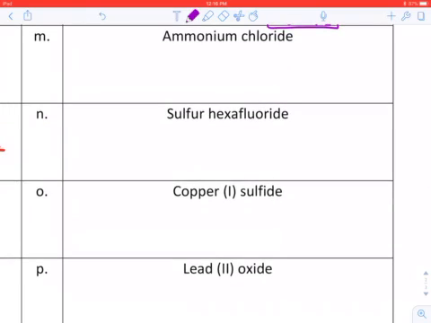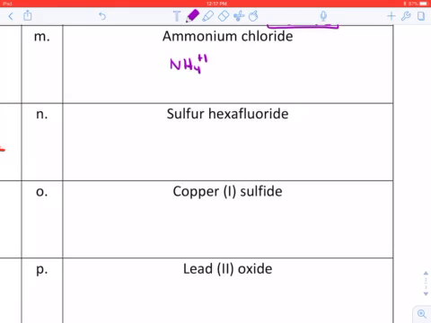The next one, we have ammonium chloride. Ammonium sounds kind of like an element, but it's actually not. It's a polyatomic ion, and it's found at the top of the page in that polyatomic ion table. And so there we get ammonium is NH4, and it is +1.